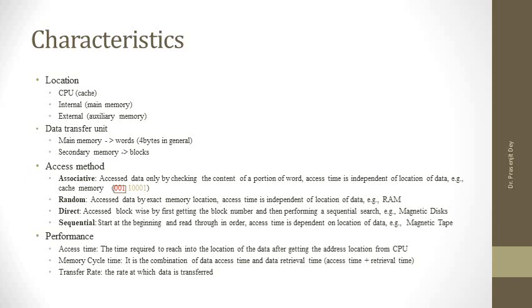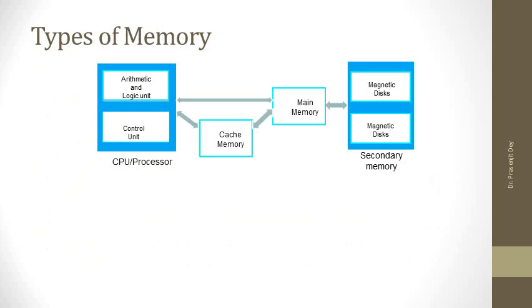The third metric of the performance is the transfer rate. That means the rate at which data is being transferred. Like in the normal magnetic disk, the data transfer rate is slow, whereas in the SSD the data transfer rate is high.